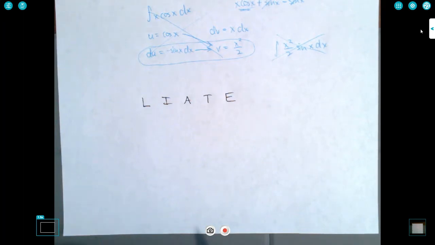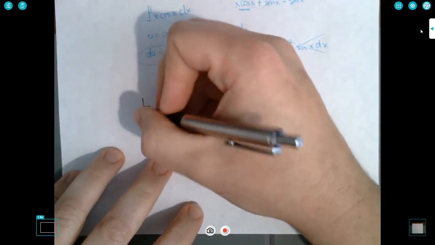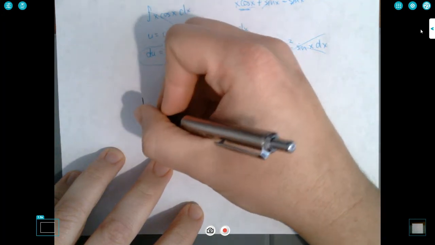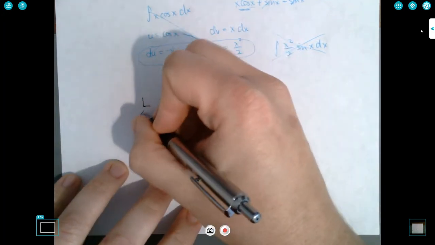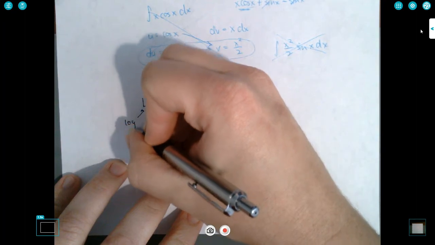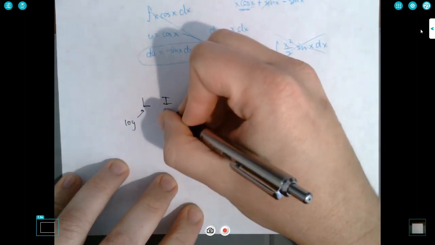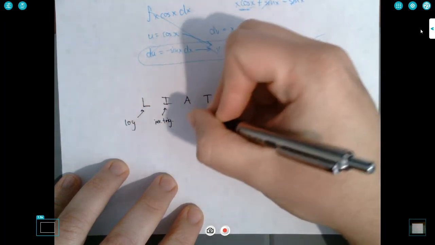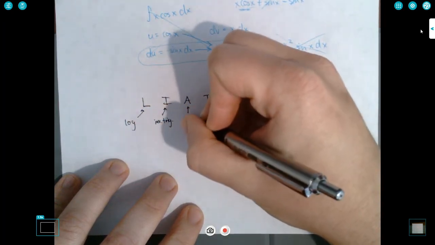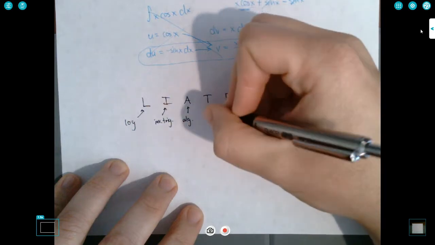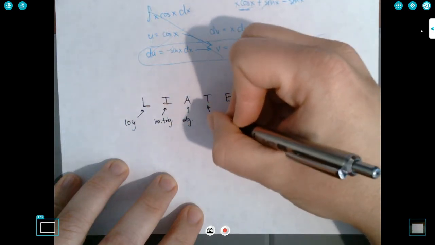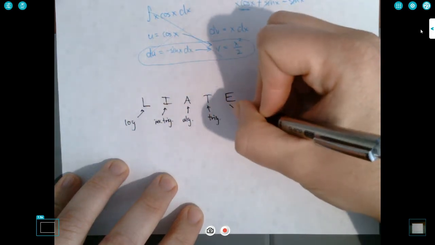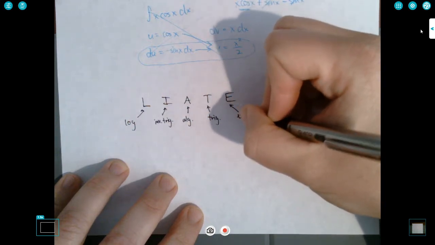Okay? And what this stands for is, L stands for logarithmic functions, I stands for inverse trig functions, A stands for algebraic functions, T stands for trig functions, and E stands for exponential functions.